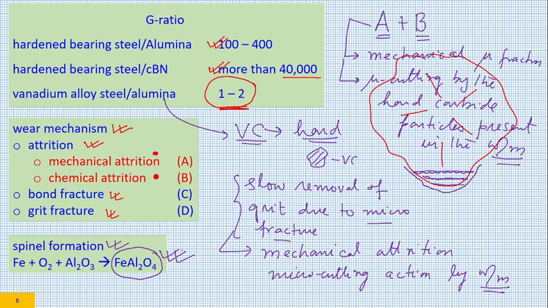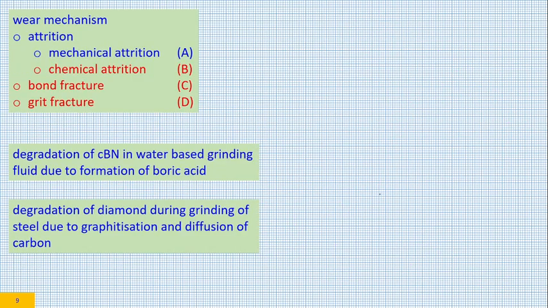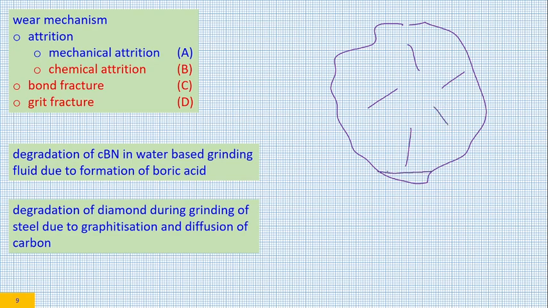Now what we have not discussed is bond fracture and grit fracture. By bond fracture and grit fracture also we tend to have a lot of wheel wear. Let us have a look at that. So in case of bond fracture and grit fracture, this is a grit and this has already developed some amount of wear flat because of mechanical and chemical attrition.